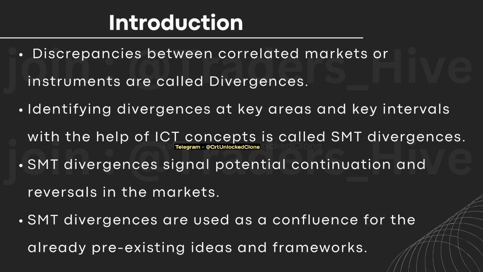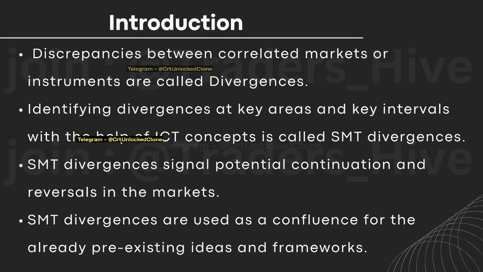Identifying divergences or these discrepancies in price at key times and key levels between two correlated assets with the help of ICT concepts is basically called SMT divergences, right?